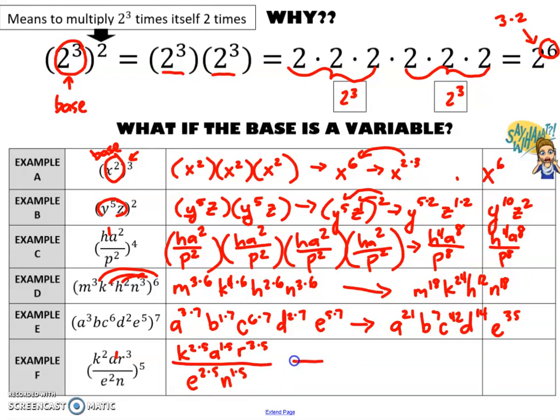Okay, so when I simplify it, I'm going to end up with k to the 10th, a to the 5th, r to the 15th, all over e to the 10th, n to the 5th.